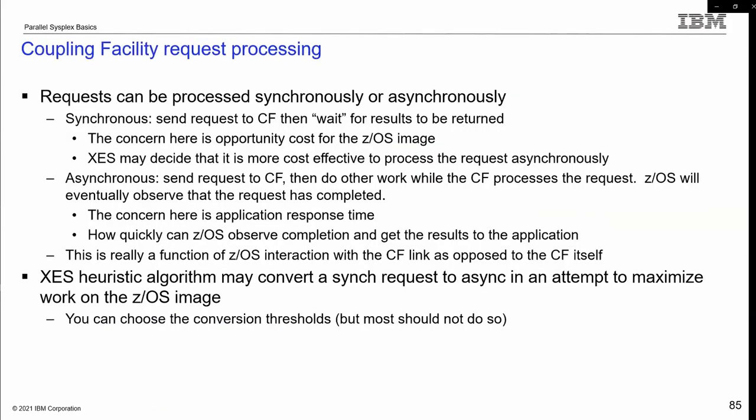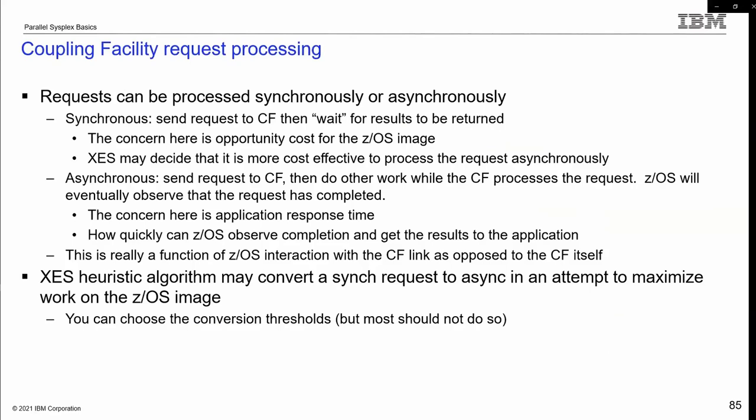In a nutshell, what this slide is trying to convey is that requests to the coupling facility can either be synchronous or asynchronous. If my application can tolerate making a request to SES, waiting for the coupling facility to perform that action, come up with a response, and send it back, all before I receive control again, then synchronous might be cost efficient.